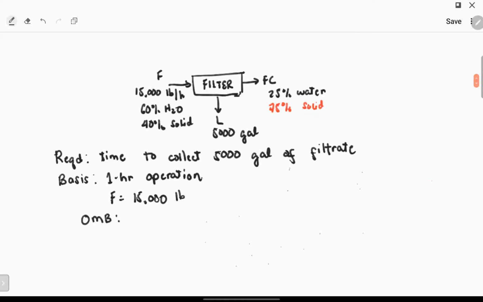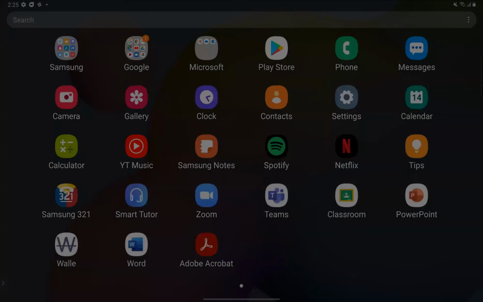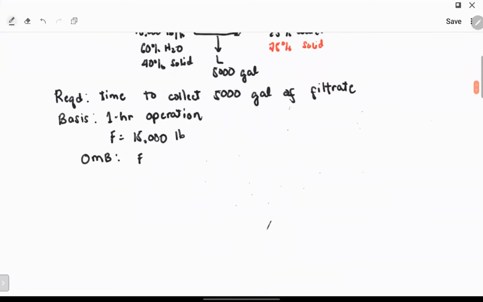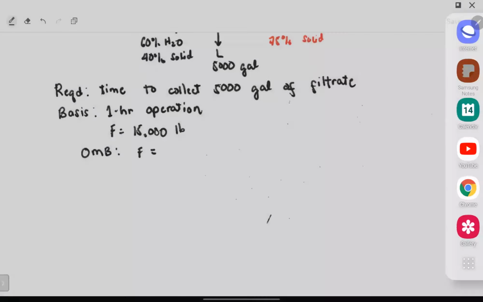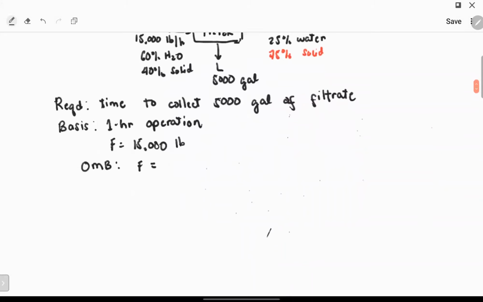So the overall material balance is this. F is equal to, if you check the flow chart, L plus FC, right? So L plus FC.